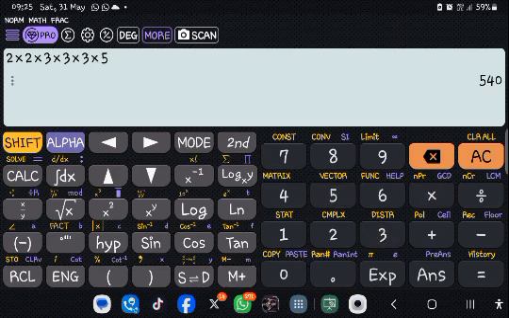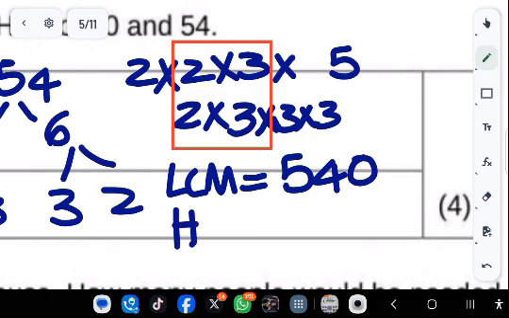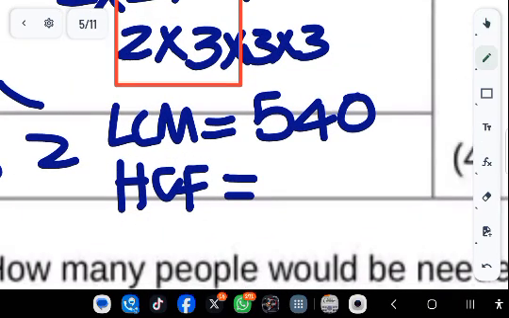So here is the lowest common multiple. It will be 540. The lowest common multiple is 540, and the highest common factor is the one we've already circled in there. So that is 2 times 3, which equals 6.